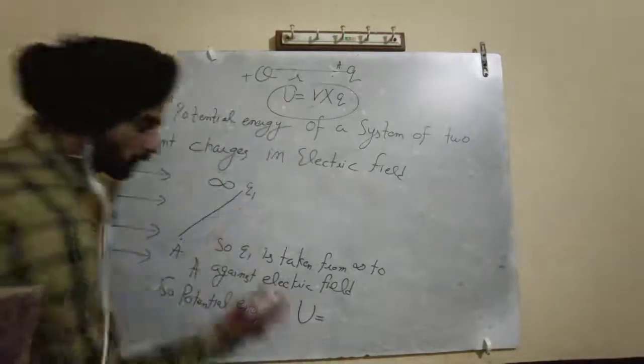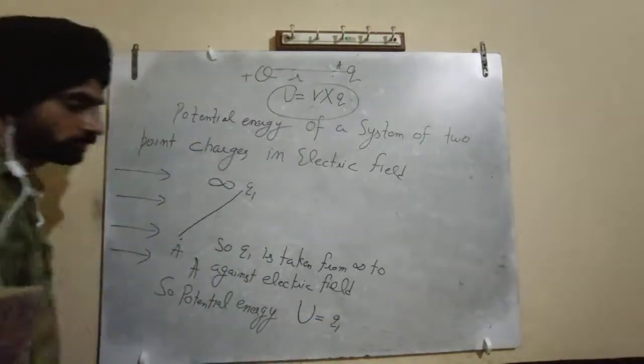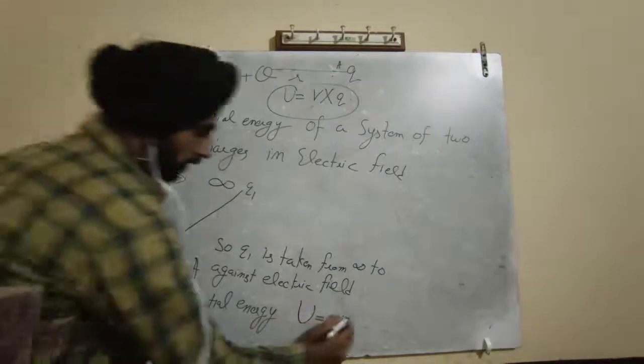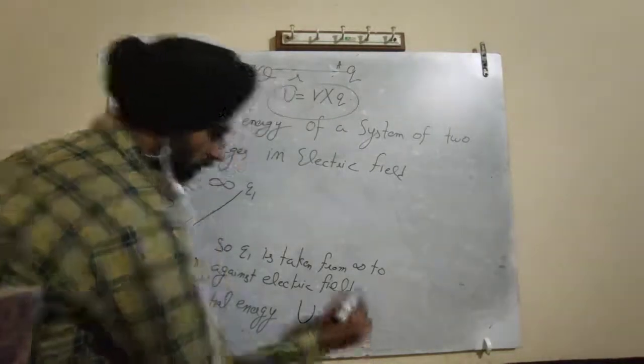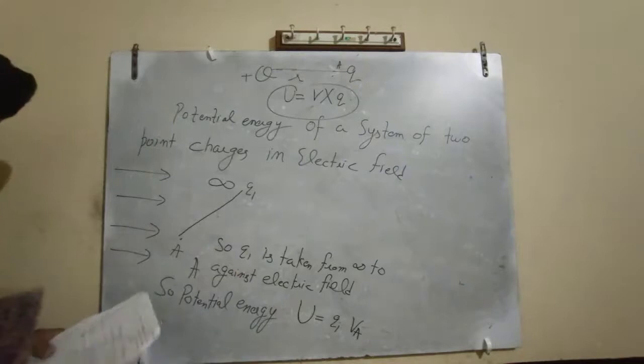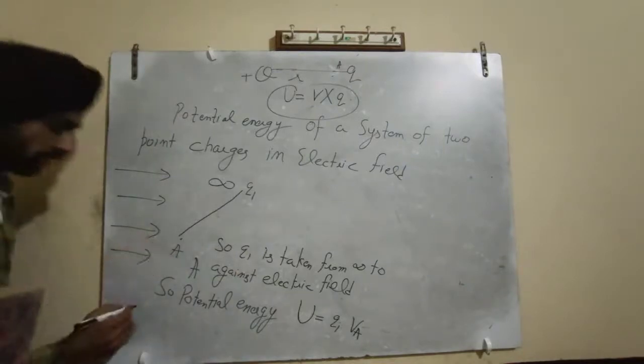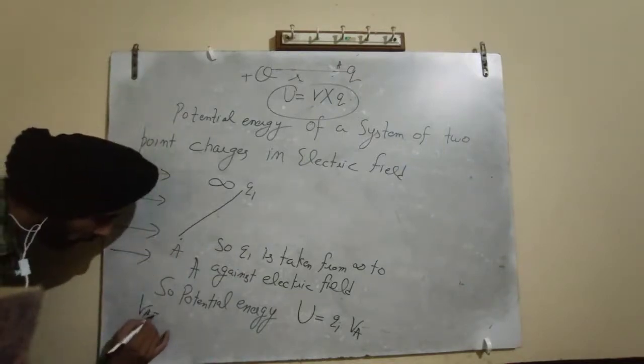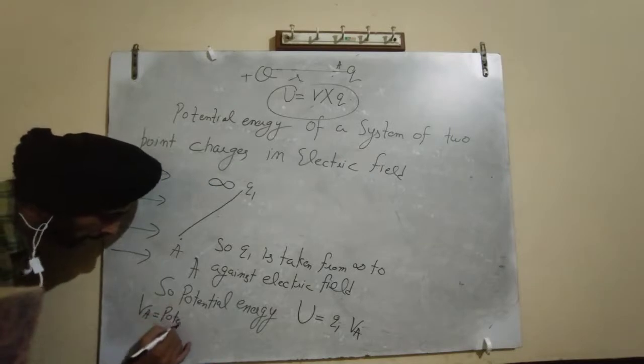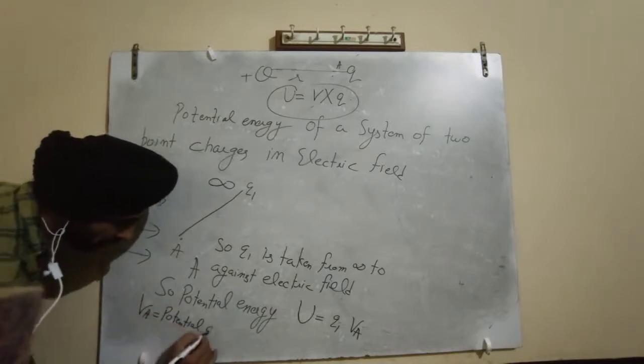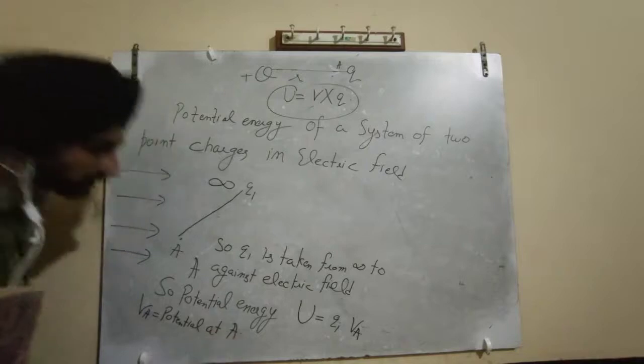What is the charge? Q1 is the charge, and what is the potential? Suppose VA is the potential. Okay, like this. You have to note this thing, VA, potential at A, like this.